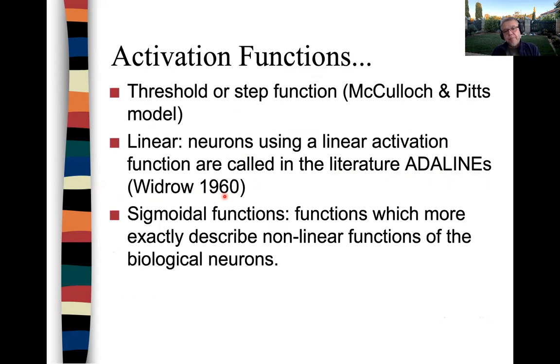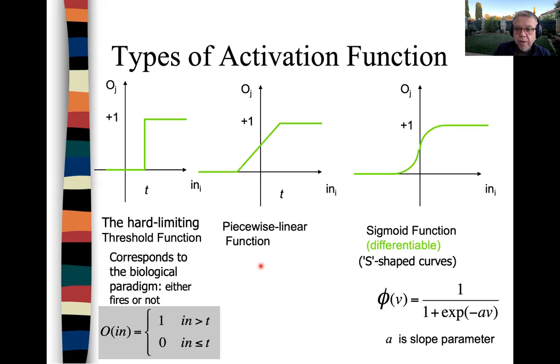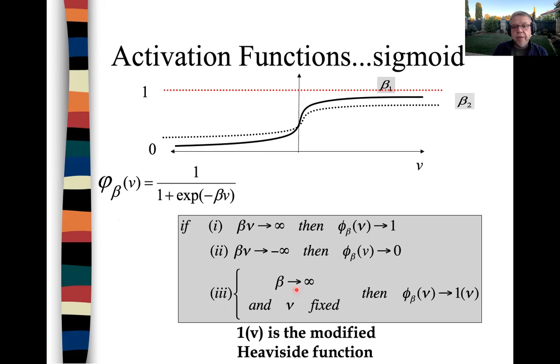Widrow has an amazing paper actually, which makes it very easy to understand the whole thing. And then the sigmoid functions more exactly describe the nonlinear behavior of the biological neuron. And again, they have the advantage of being differentiable, which helps the backpropagation algorithm.